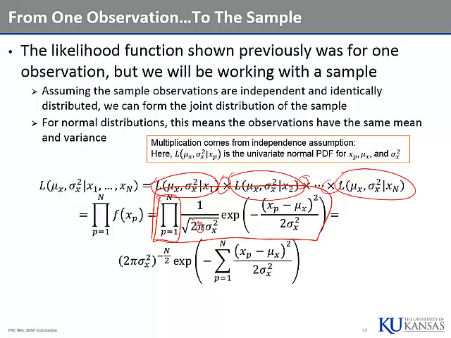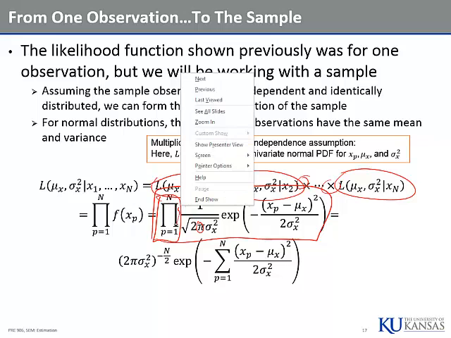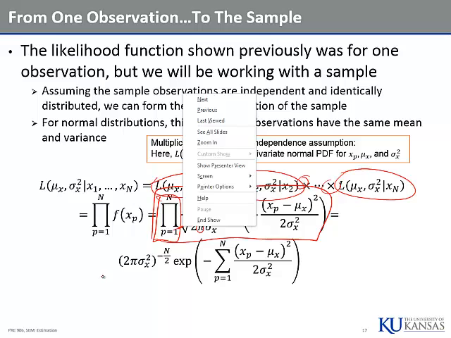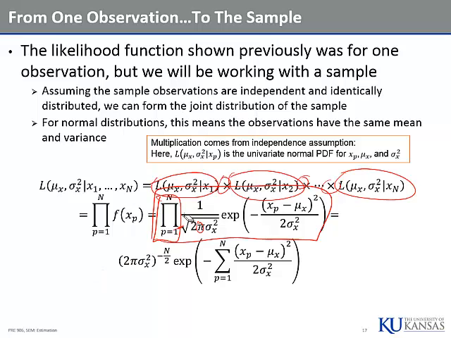That is the product symbol, which says multiply whatever's after this many times. So this says multiply from person 1 up to person n this function together.